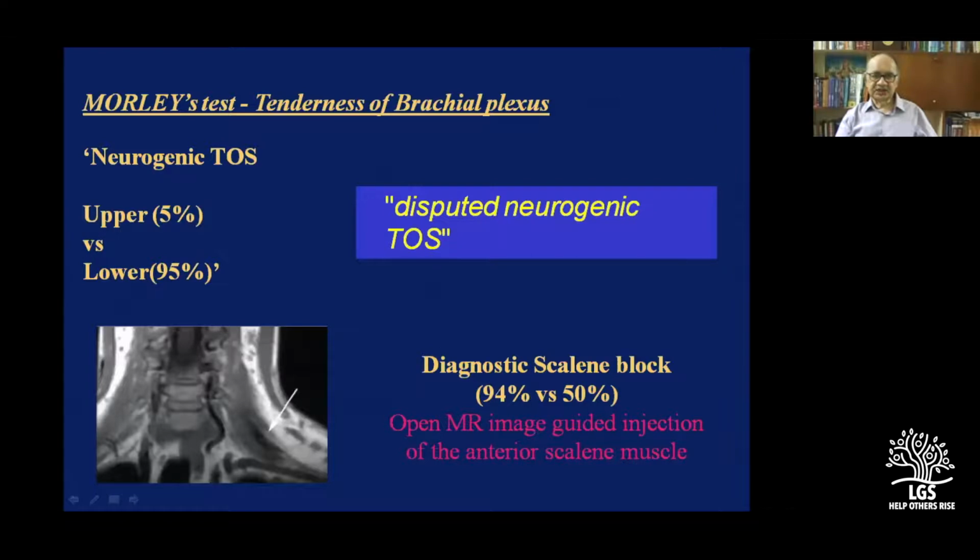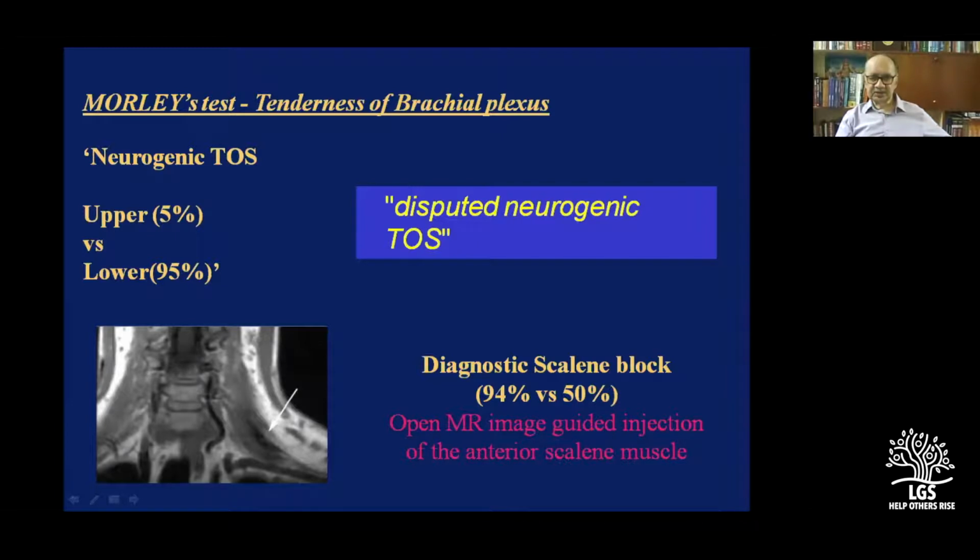Morley's test is the tenderness of the brachial plexus, where you have neurogenic TOS, upper segment and lower segment of the brachial plexus. We find that the lower brachial segment produces neurogenic pain more often than the upper bundle of the brachial plexus.